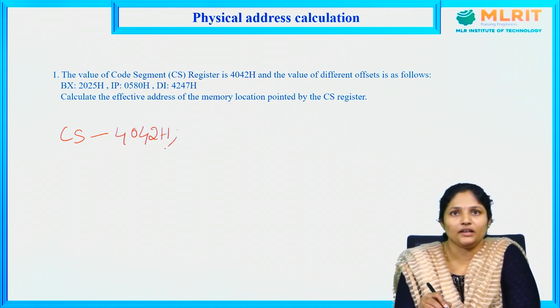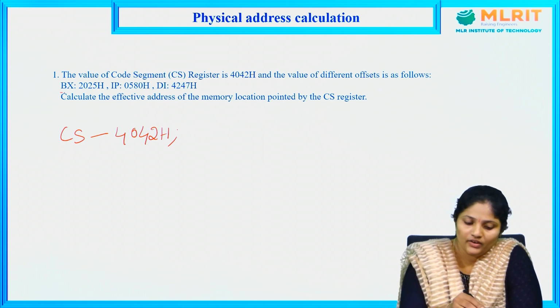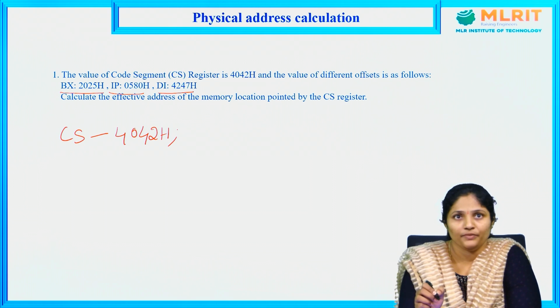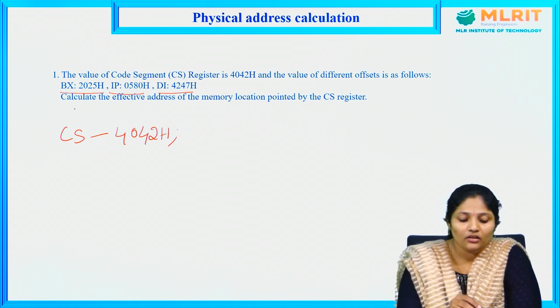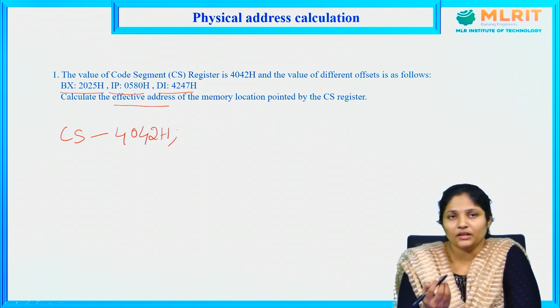The values of different offsets are as follows: they have given the BX value, the IP value, and the DI value. DI is the destination index register, BX is the base register, and IP is the instruction pointer. They are asking us to calculate the effective address, which is nothing but the memory address or physical address.